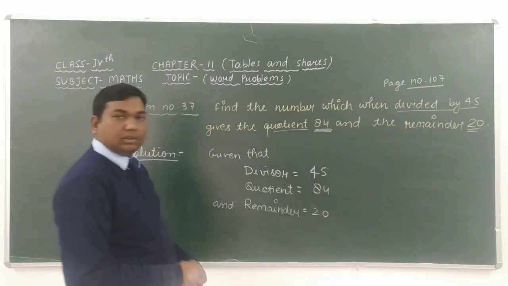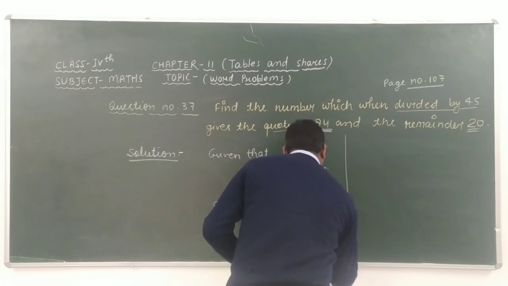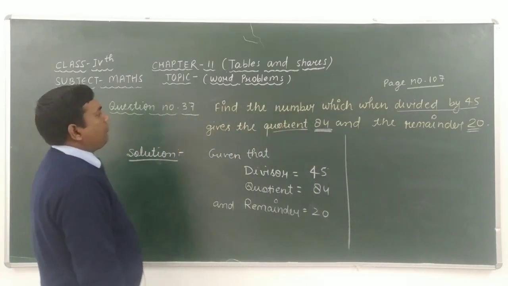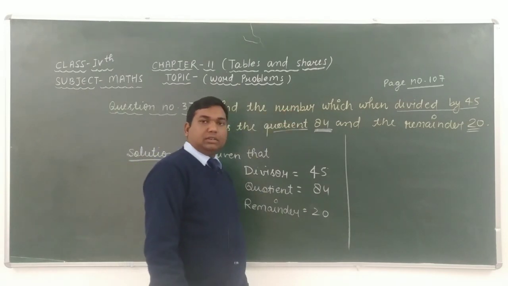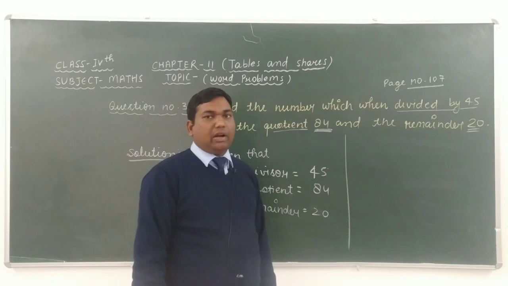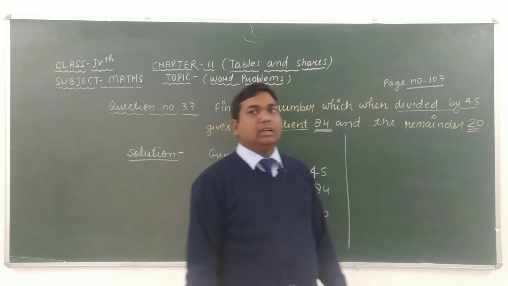Okay, students, so we can use a formula for finding the number which when divided by 45 gives the quotient 84 and remainder 20.